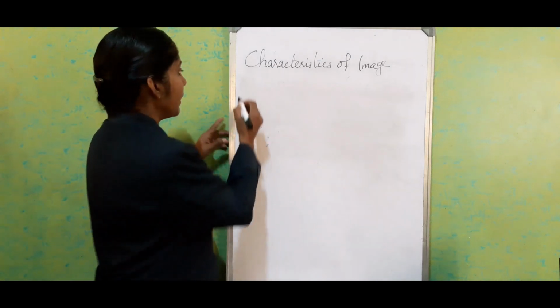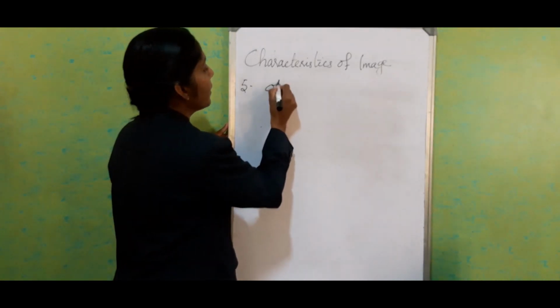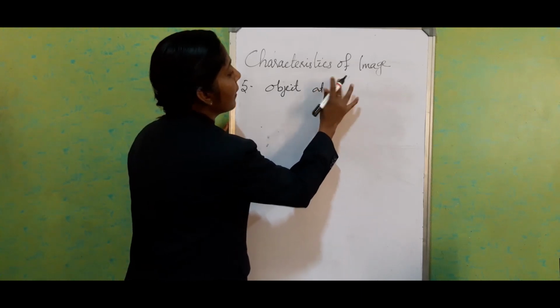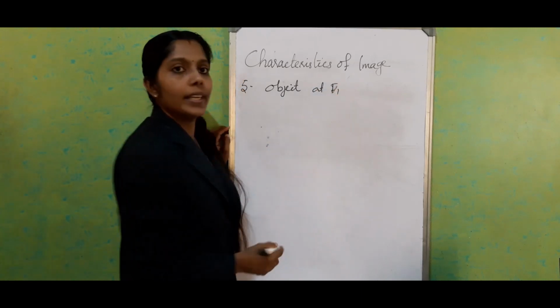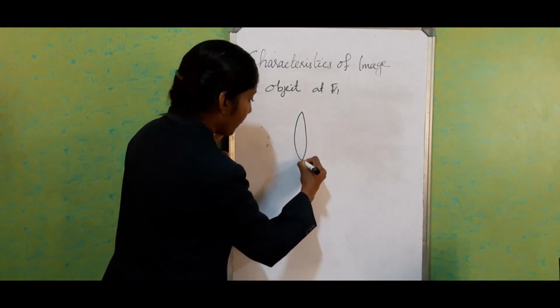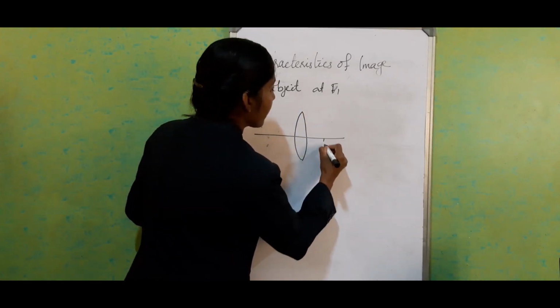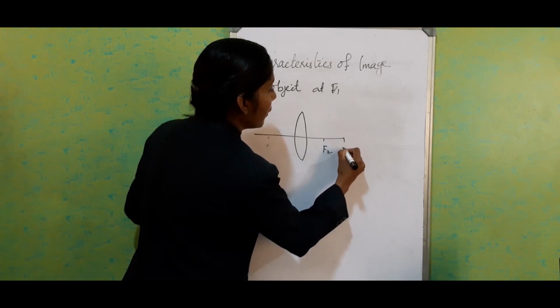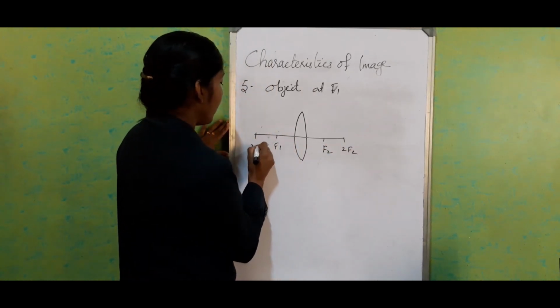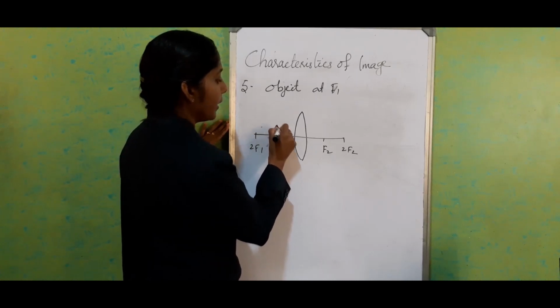Now our fifth condition, object at f1, focus. Object at focus. So this is a lens, f2 to f2, f1 to f1. We have the object here.